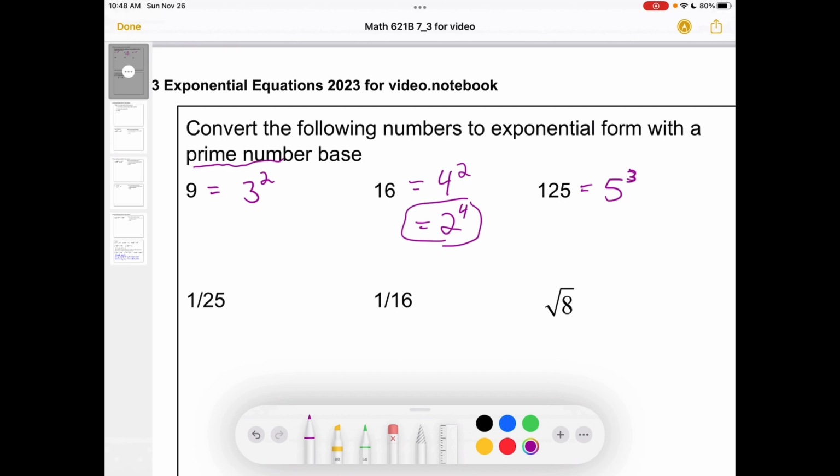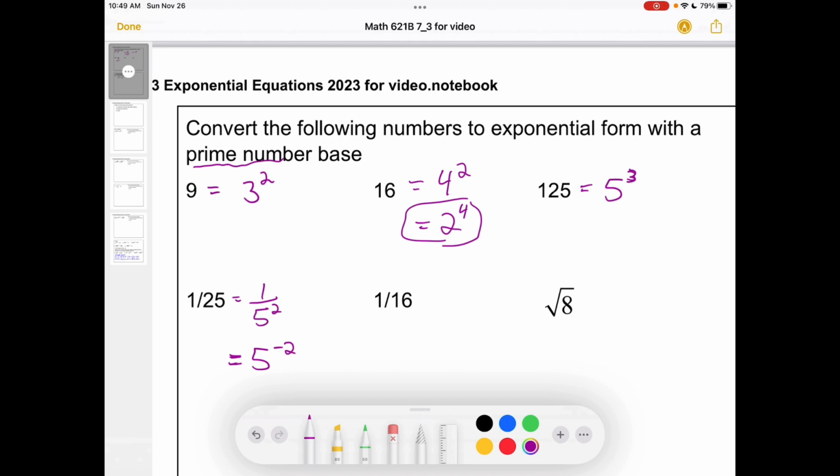All right, the next couple are fractions. So 1 over 25 is the same as 1 over 5 squared. That would be okay, but it would be nice to see it written just as a base to a certain exponent rather than having a fraction involved. And remembering what we know about exponents, negative exponents flip the result.